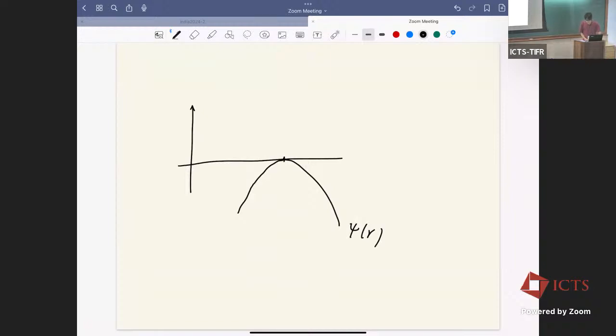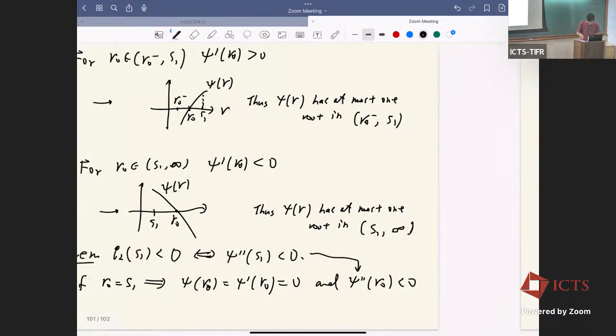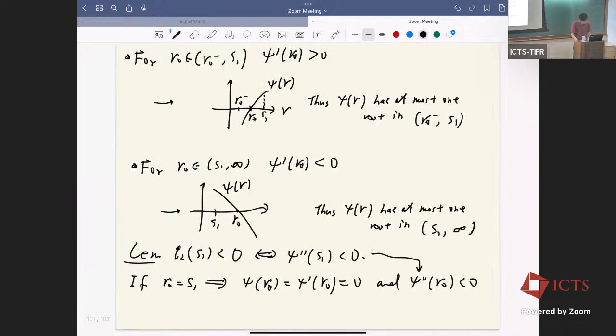So in this case, we only have one root. But before, we showed that psi has at least two roots. So this is impossible. So we can say that there exists a unique solution between here, and there is a unique solution between here.